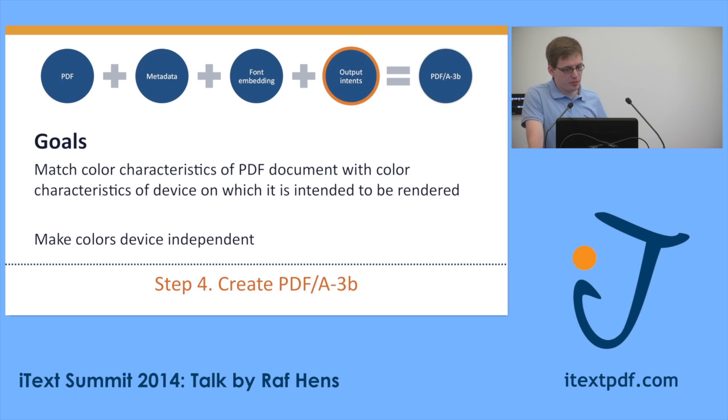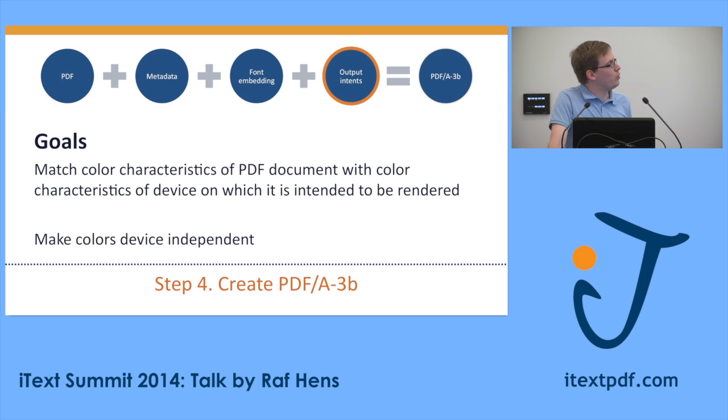The next step, if we're dealing with colors and you're thinking in the long term and you're using device-dependent colors: if devices change, obviously your color representation will change. So you have no guarantee that the colors in your document will look the same when looking at the file in the future.